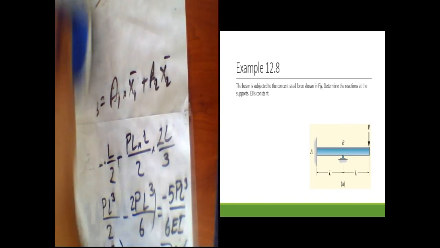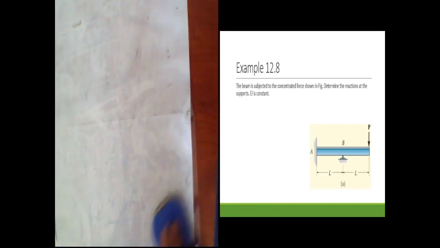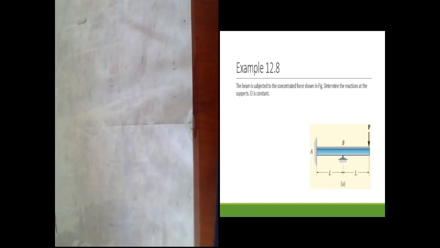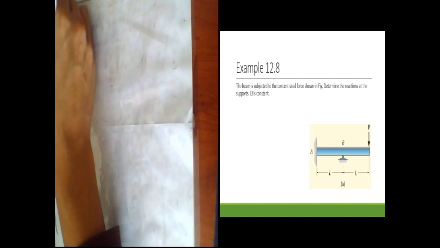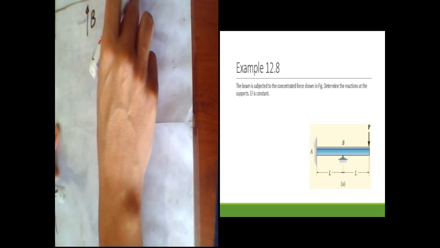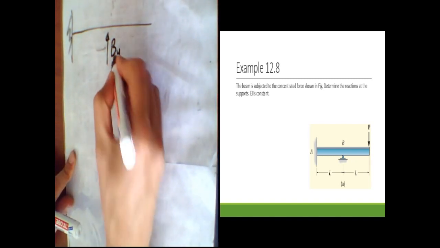Okay, and I want to pass to the second case. In the second model, we have loading like this. We have B here, there is no P value here. I want to write it like BY.